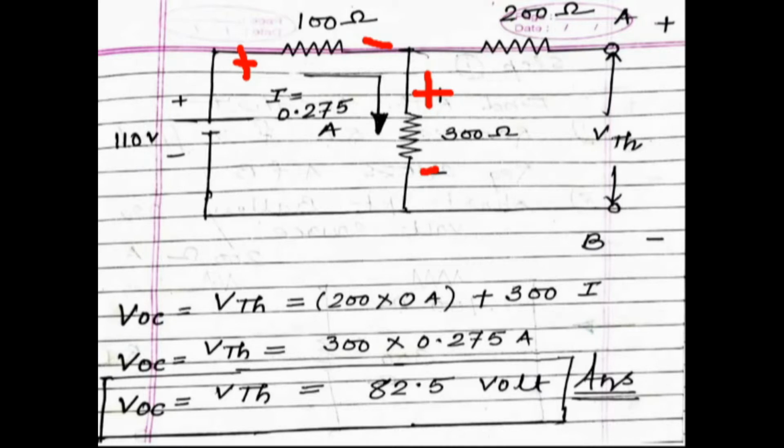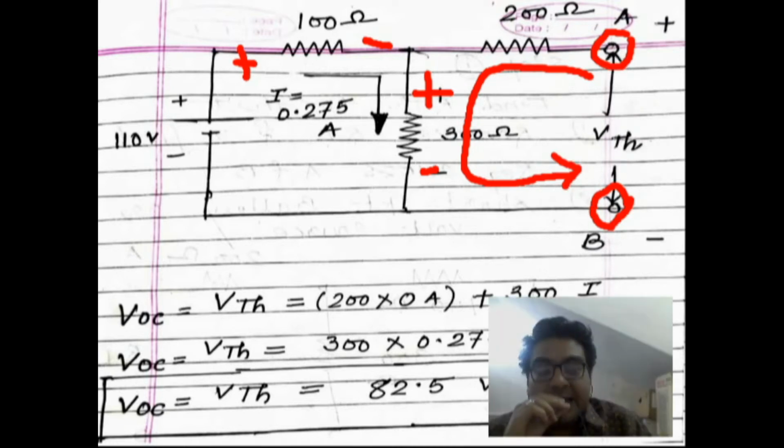So guys, generally ए से लेकर बी तक का वोल्टेज कैलकुलेट किया जाएगा। You have to calculate VTH across these two terminals. So you have to follow this path. This is the shortest path. It is like you are traveling from A to B, and so during this travel you have to account for all the voltage drops.